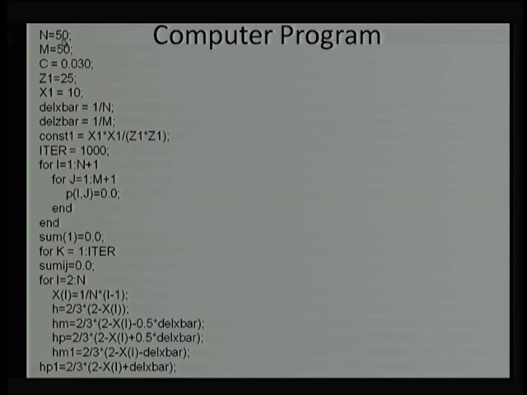We know there are 50 nodes, and the distance between two nodes will be 1 by n. We know that the minimum value of x bar is 0 and the max value is 1. So, 1 minus 0 divided by n is going to give us the spacing in the x direction.